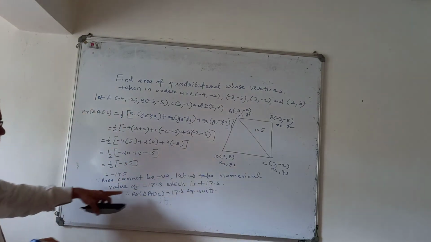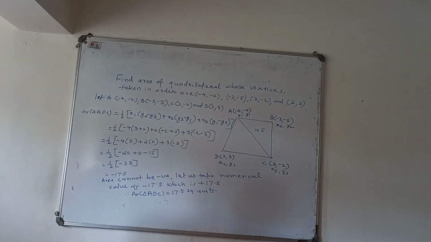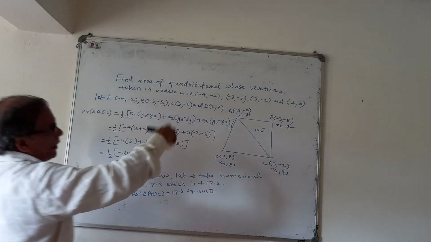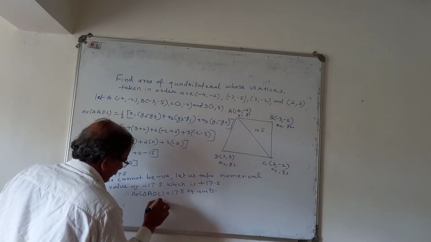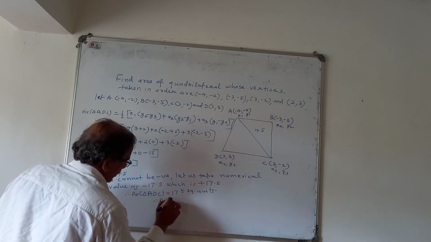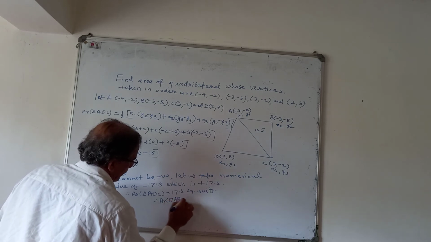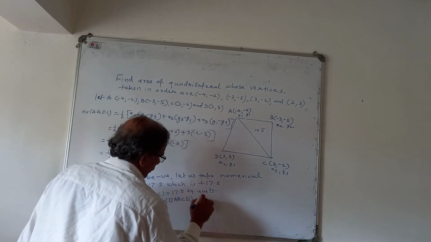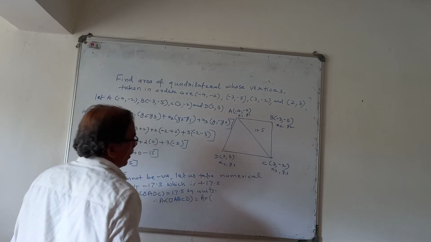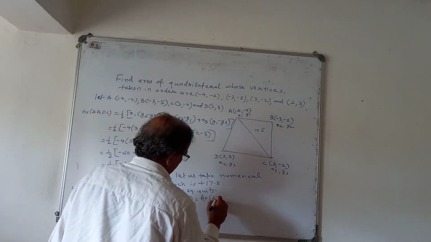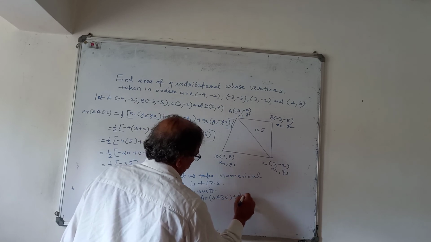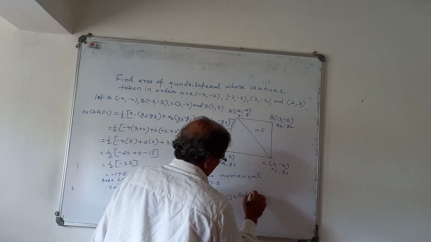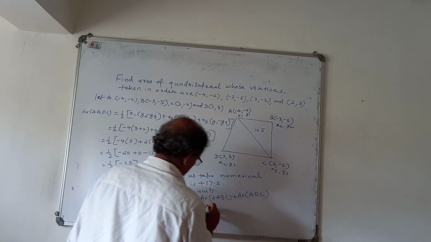So we have determined the area of triangle ADC, and now we can find the area of quadrilateral ABCD. Therefore, the area of quadrilateral ABCD is equal to the area of triangle ABC plus the area of triangle ADC.